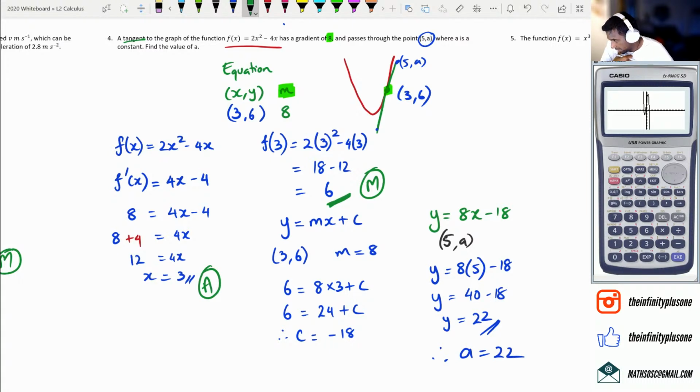Then expressions for gradient found and value. And finally, this part here gets you an excellence, getting that a value. So that excellence part, you've got to do just a little bit more work there.